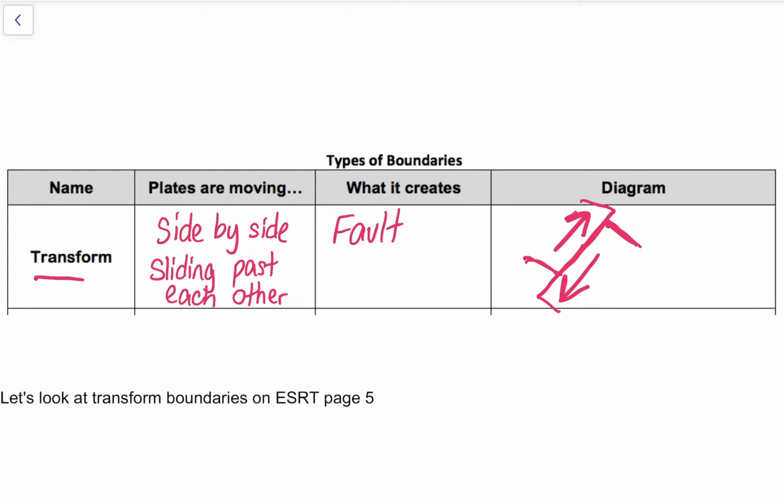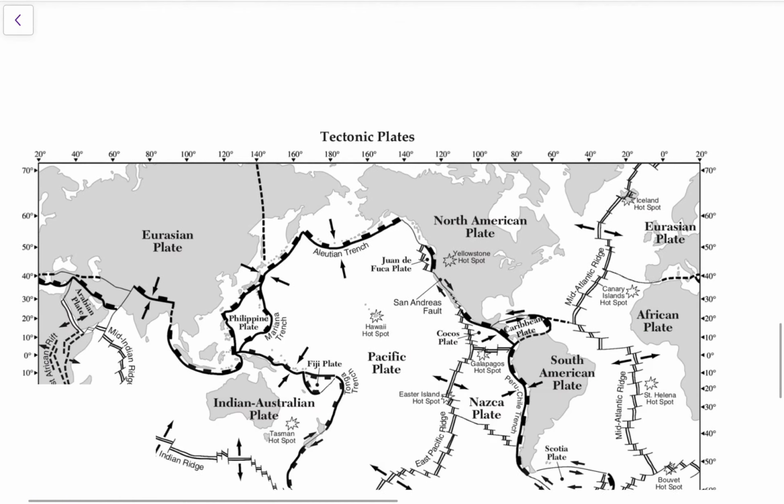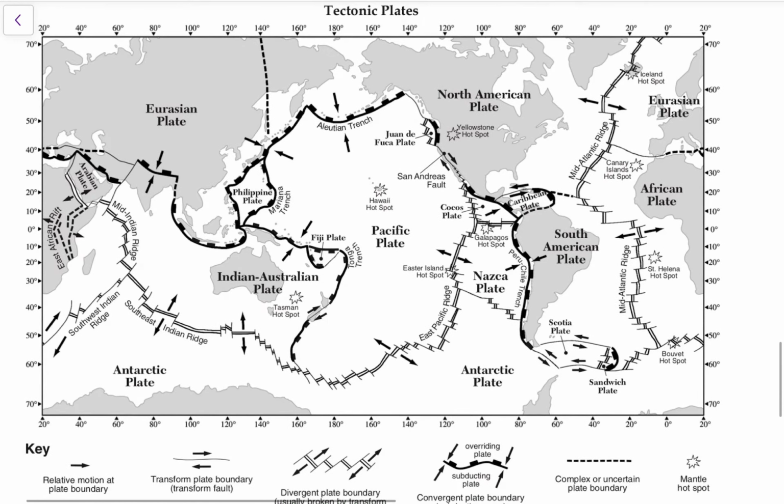Just like we did with convergent and divergent, let's look at transform plate boundaries on ESRT page 5. If you have a third highlighter or a third different colored pencil, please get that now so that you can color in the transform plate boundaries with a third new color.